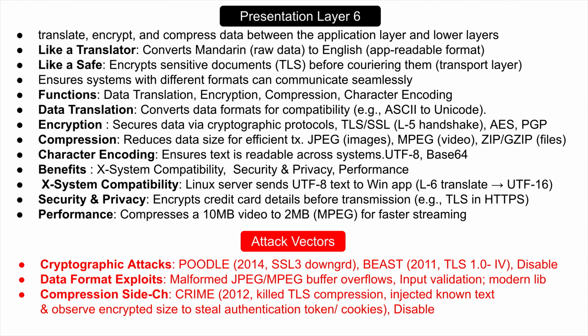CRIME stands for Compression Ratio Info-leak Made Easy. This is a compression attack, and what the attacker does is inject known text in the form of a cookie and observe the encrypted size to steal the authentication token or session.